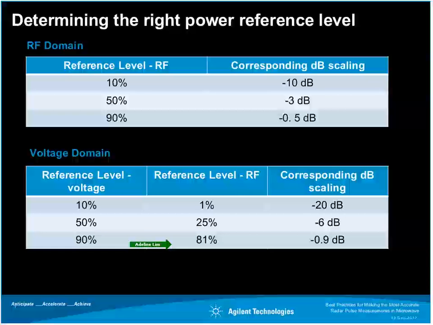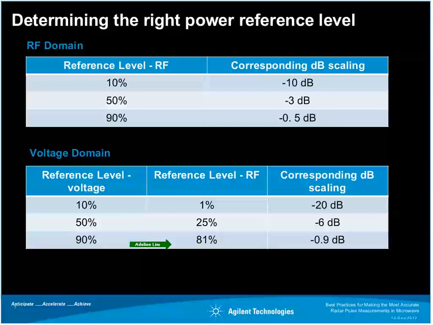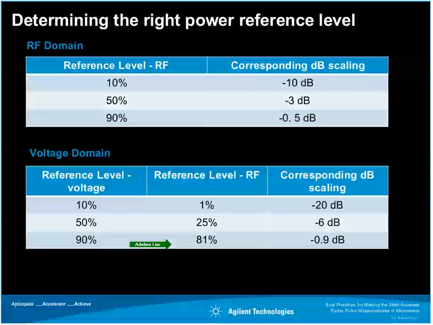Seeing these numbers expressed in dB makes it apparent that when we want to ensure a consistent and accurate transition duration, that is what we call the rise and fall time measurement, the power in the pulse must be at least 20 dB above the instrument's noise floor in order for it to compute the 1% to 81% transition duration measurement accurately.